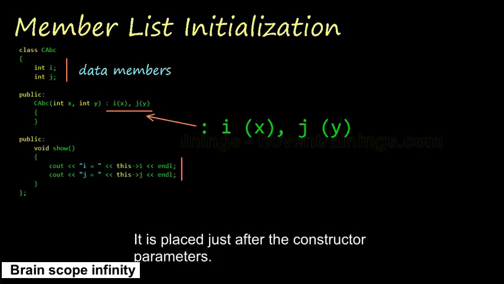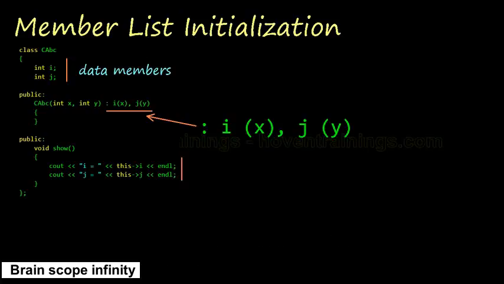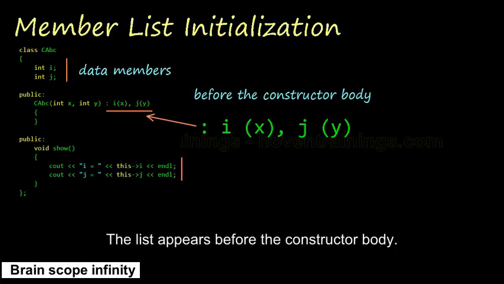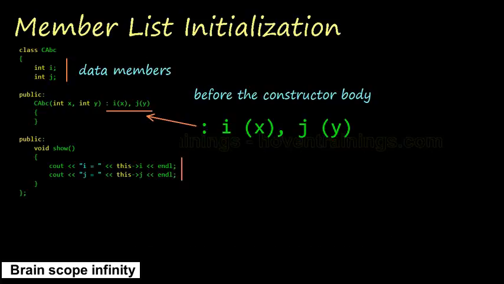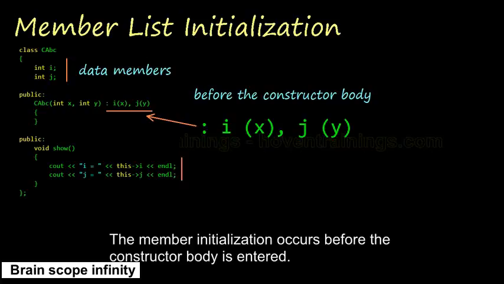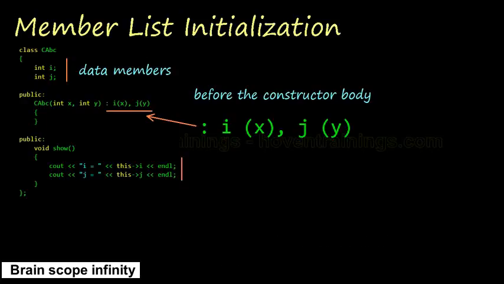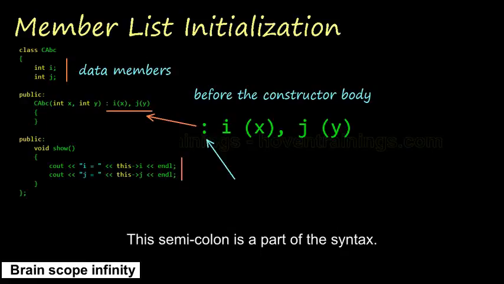It is placed just after the constructor parameters. The list appears before the constructor body. The member initialization occurs before the constructor body is entered. This semicolon is a part of the syntax.